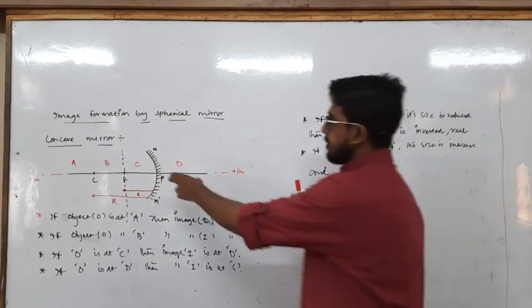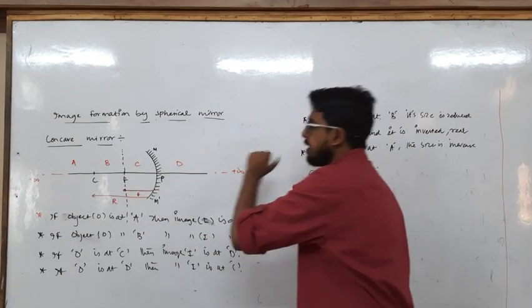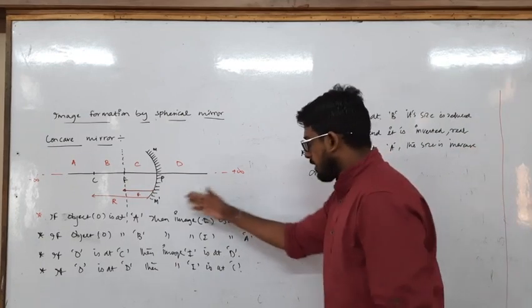Similarly, if the image lies in C, it will be small, and if the image lies in D, it will be large. Clear? So these are the basic conditions.